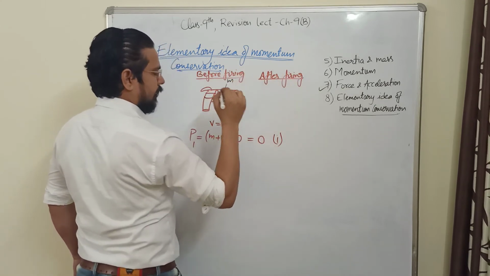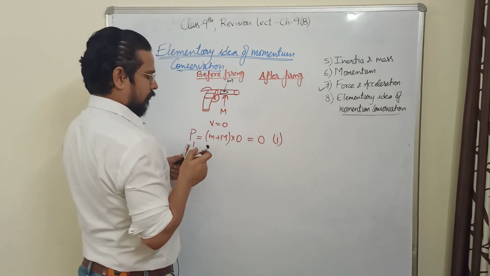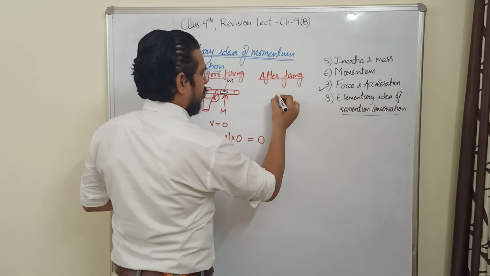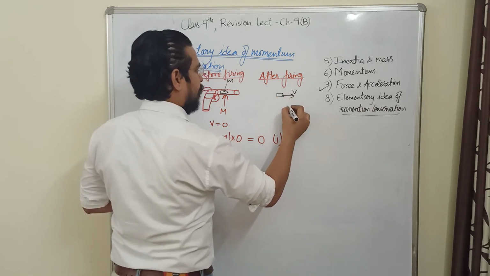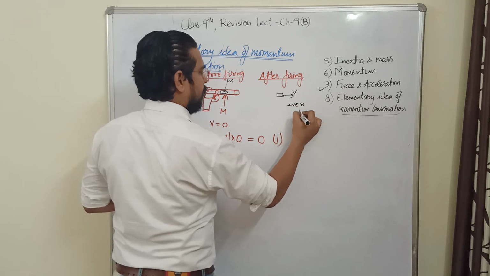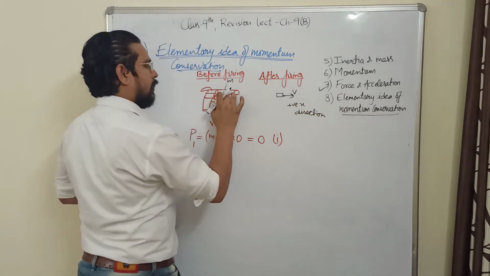When we fire the bullet, now your bullet is moving with velocity v in the positive x direction. So now the bullet is no more inside the gun.